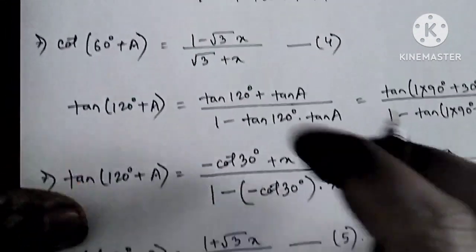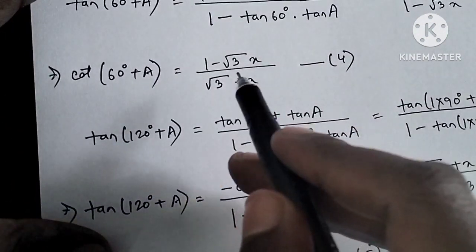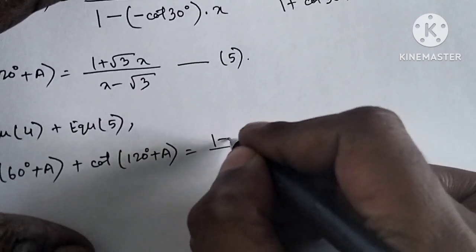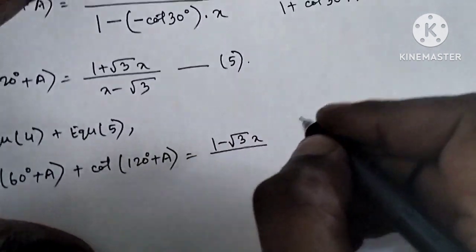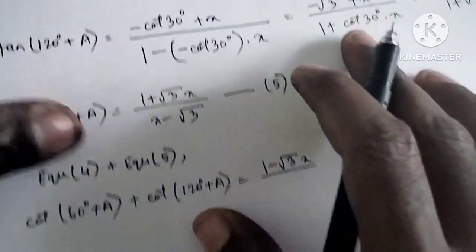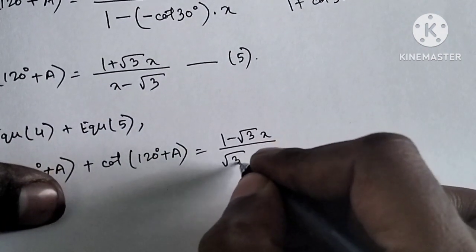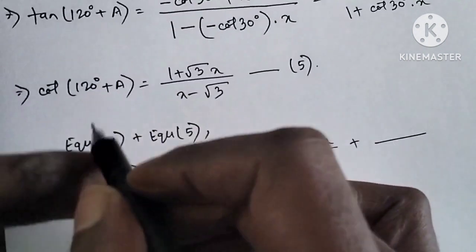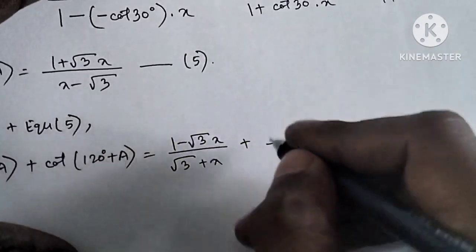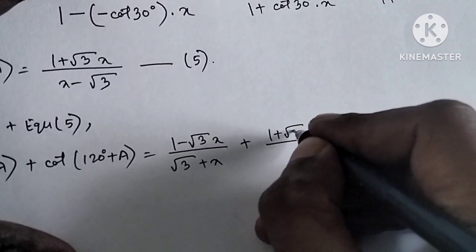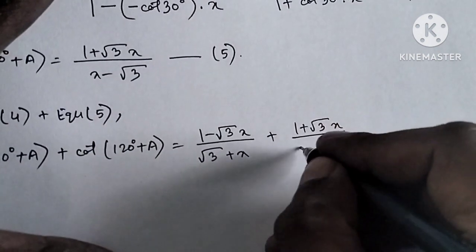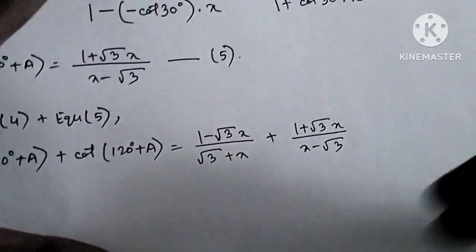Okay, cot 60 degree plus a was (1 minus root 3x) by (root 3 plus x), plus (1 plus root 3x) by (x minus root 3), right?